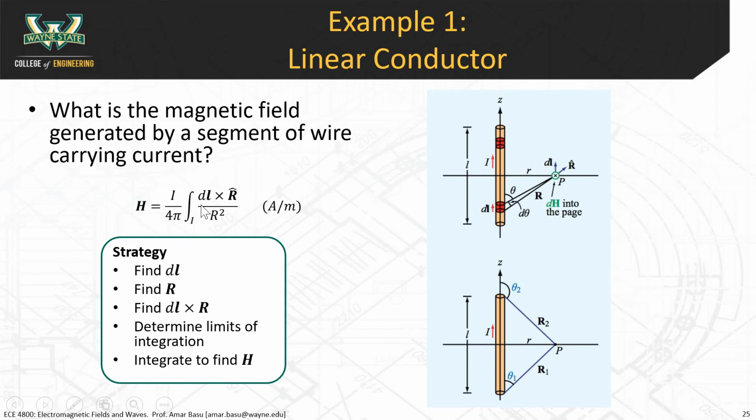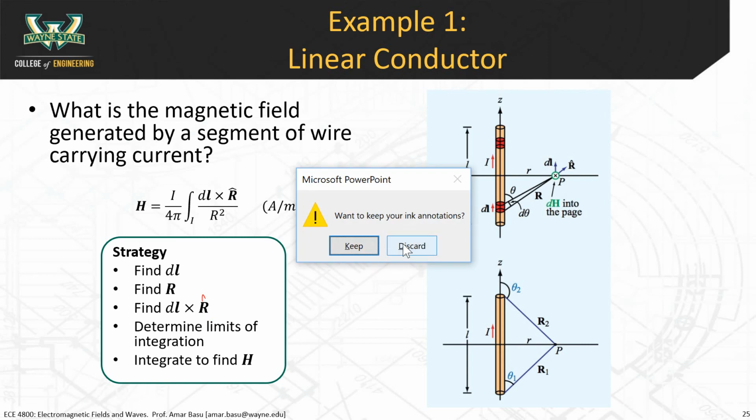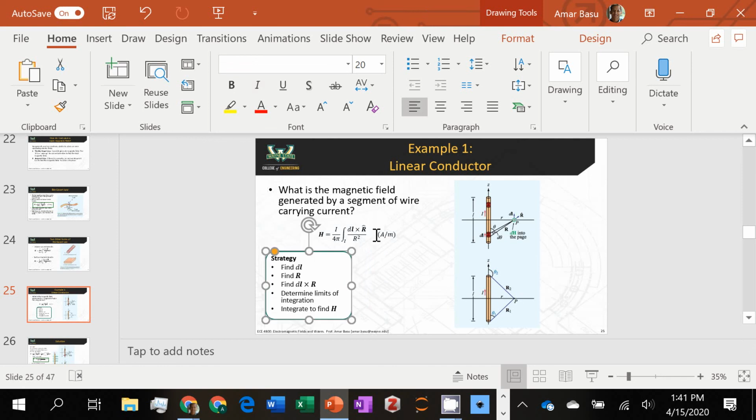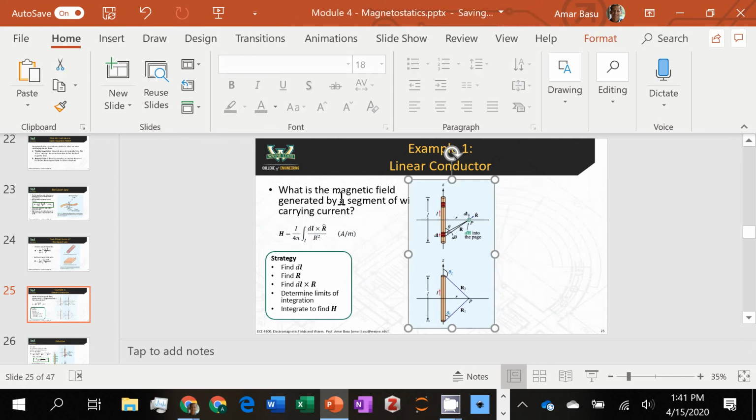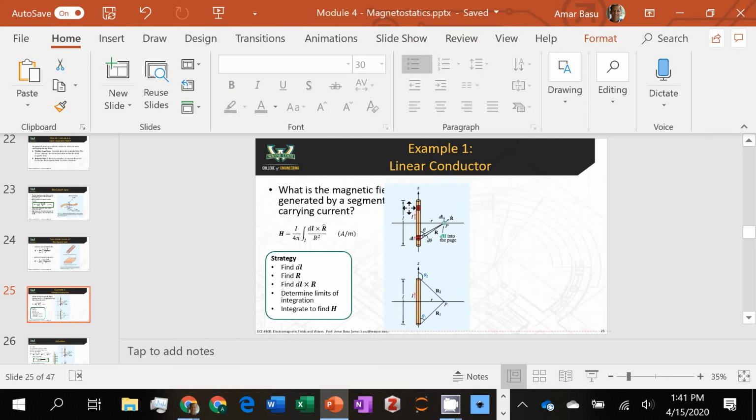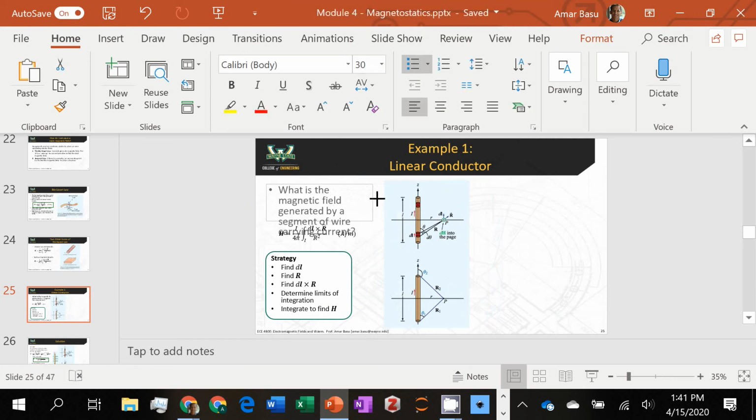First we find dl, then we find r, then we find dl crossed with r hat, and we determine the limits of integration, and then we integrate to find the magnetic field H. I'm going to show you some parts of how to set up this problem, and then some of the results on the next slide. I'm just going to move this over to the left so we have enough room to work with.